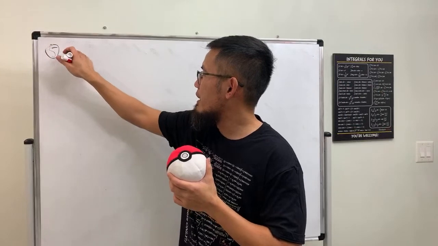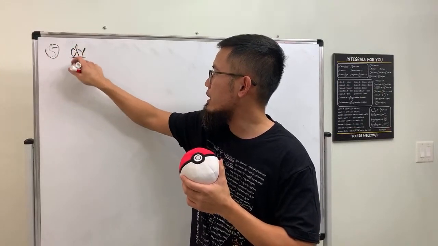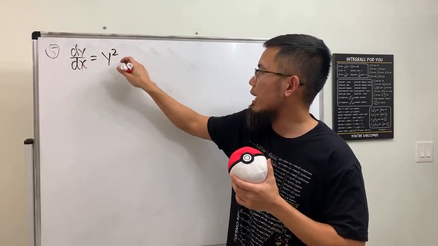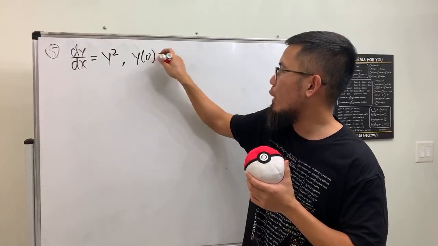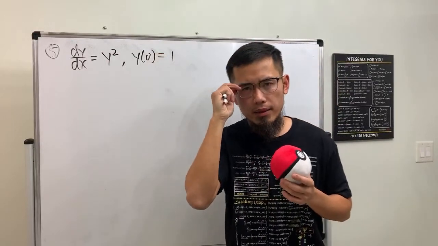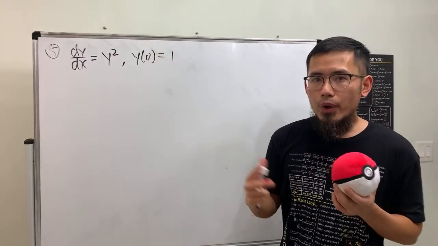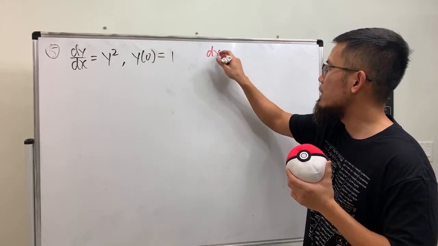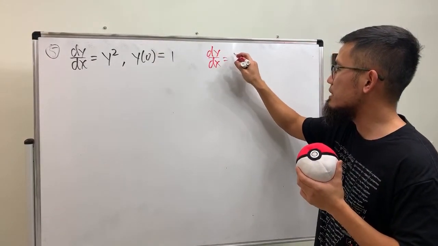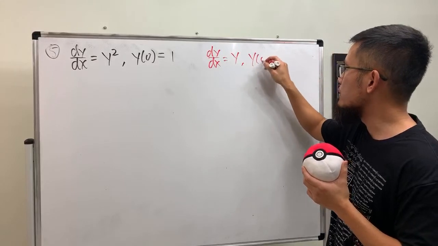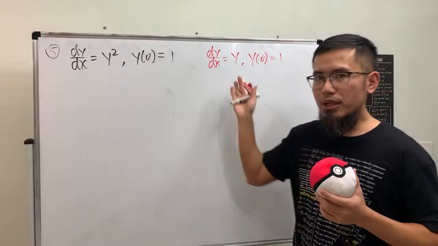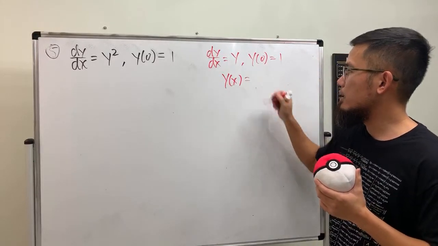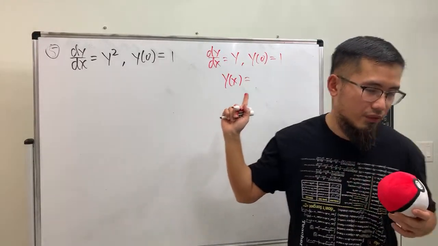Number 5. Here we are going to solve a differential equation. dy/dx is equal to y squared, and also we have the initial condition y of 0 is equal to 1. Well, let me just give you guys an honorable mention. On the side, if you have dy/dx equal to y and y of 0 is equal to 1, do you guys know what the solution to this is going to be?